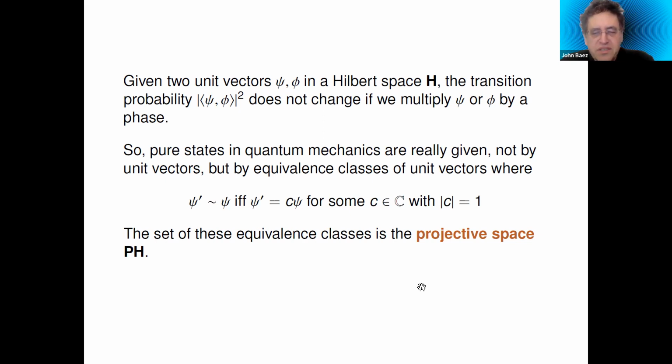And so the set of these things is the projective space of the Hilbert space, which of course you could also think of as a space of lines in the Hilbert space through the origin. So a lot of sneaky stuff in physics comes from this difference between the naive idea that it's the Hilbert space that counts and the more sneaky idea that it's the projective Hilbert space that counts.